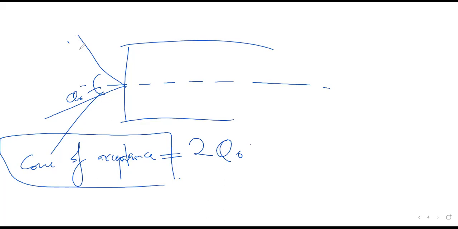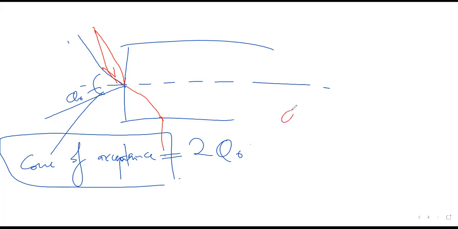If you launch light, for example, from this point, outside the cone, what will happen here? Light will travel, yes, but it will get refracted.